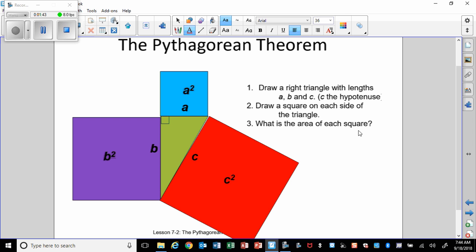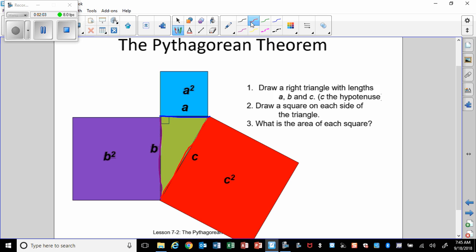Now this is just a visual representation of how the Pythagorean theorem works. We have a side A right here, a side B right here, and a side C right here.